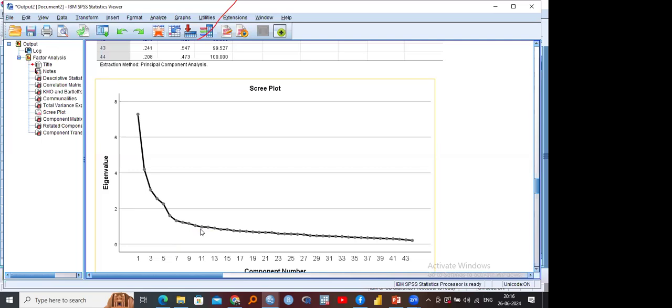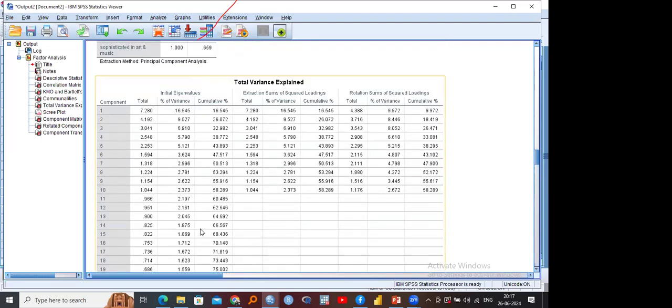What happens is that graphs are just an exploratory way. Some of you might feel that the bend is at 9. Some of you might feel the bend is at 7. That is why you cannot decide solely on the basis of the scree plot. So scree plot can just give you an idea. But to be decisive, we go to this table and we see initial eigenvalues.